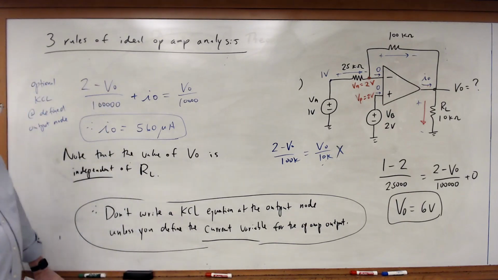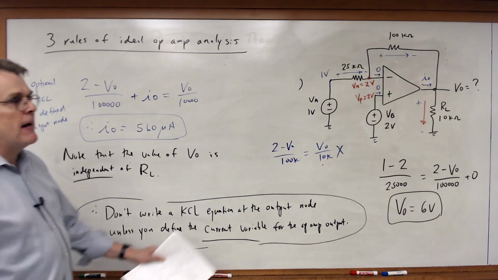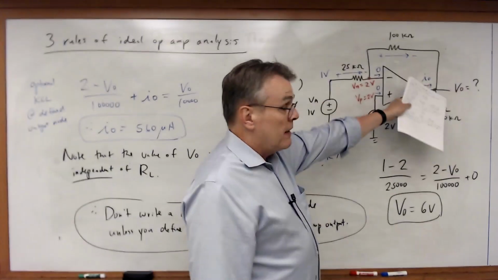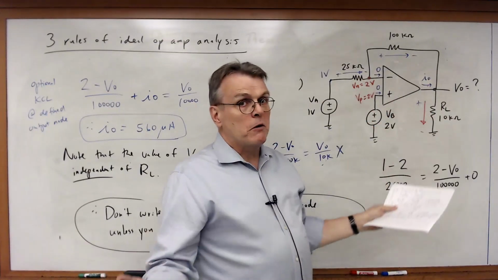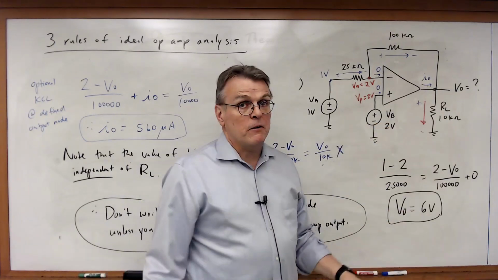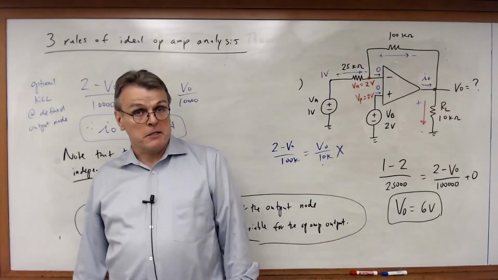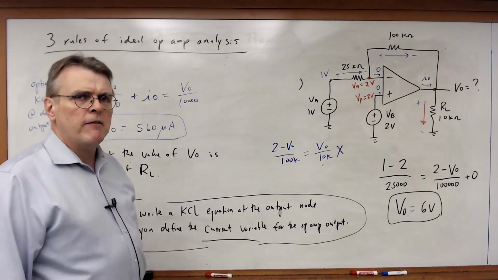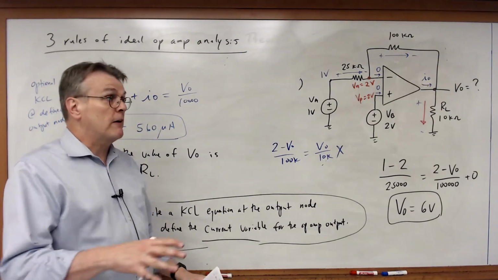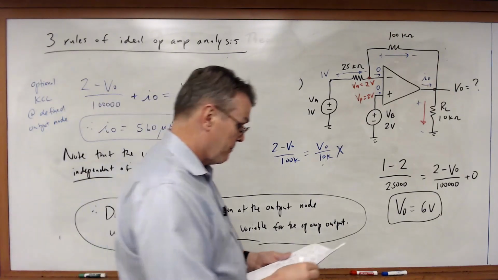Turns out that is a very important property of op amps, and it's one of the reasons why people like to use op amps, because the output voltage, even in real op amps, can to a large extent be made independent over a wide range of load resistances. That turns out to be very handy in a lot of designs, and we'll look at one of those later on.